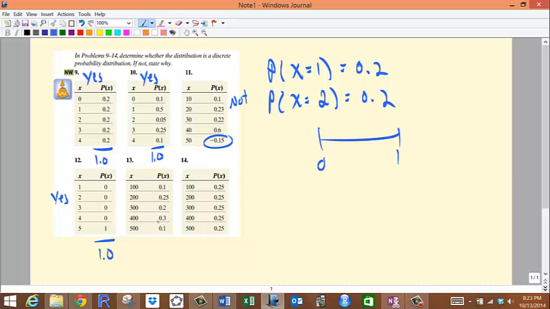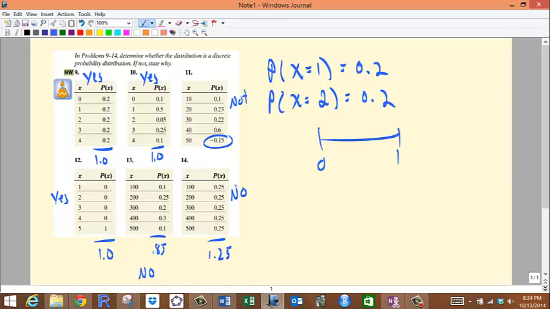And this one here, we've got 50, 60, 70, 85. So the sum is 85. So this one does not sum to 1, so no. And then this one, check it. 25, 50, 75, 100, 125, so 1.25.